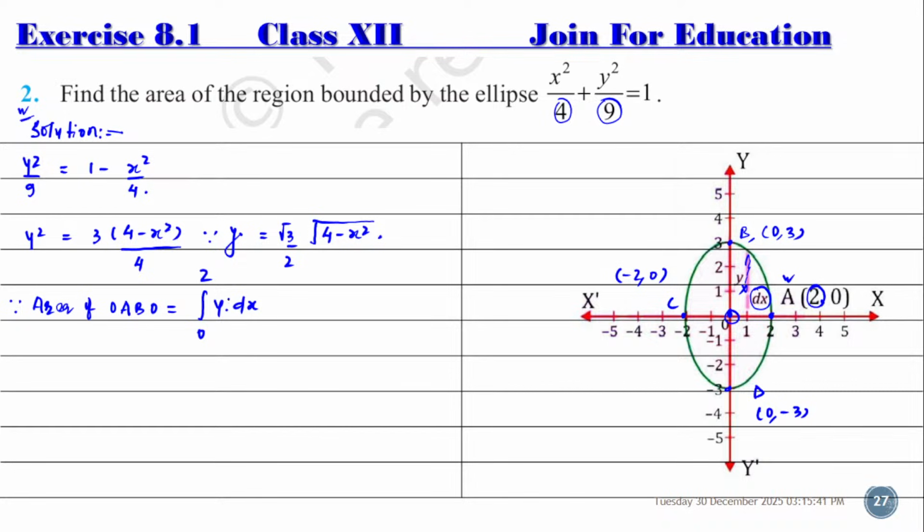So now putting the value of y, we get the next step, 0 to 2.